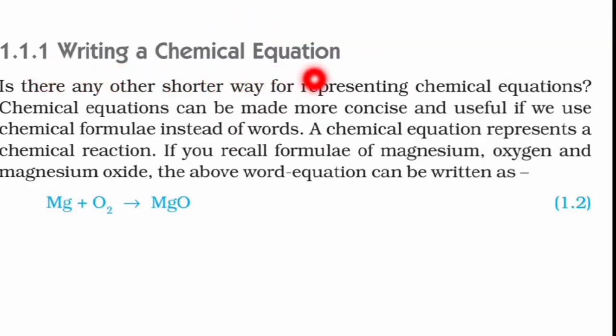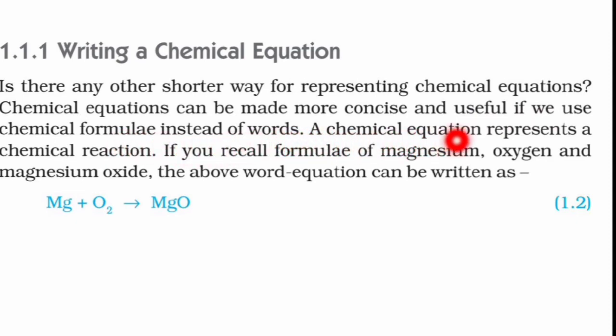Writing a chemical equation. If you write it in words, it will be a very long equation, so we will use a symbolic form for that. Is there any other shorter way for representing chemical equations? Yes, obviously, we can use the symbolic representation. Chemical equations can be made more concise and useful if we use chemical formulas instead of words.